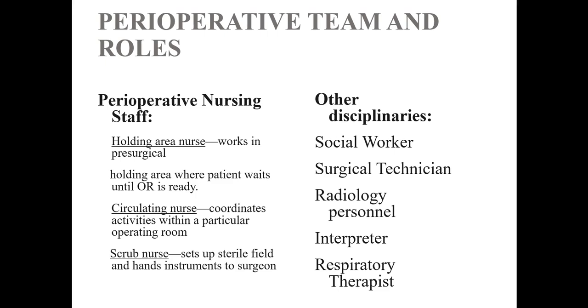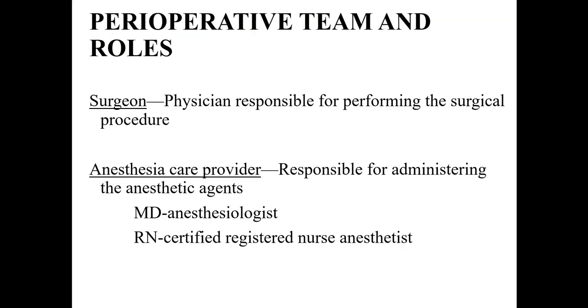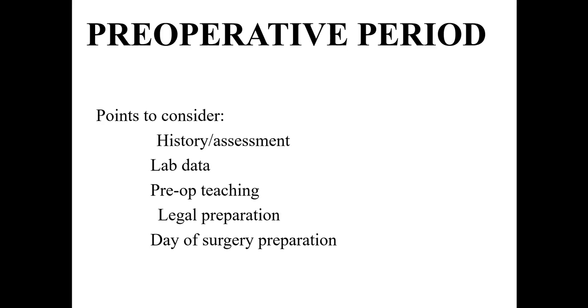The circulating nurse also manages the operating room and protects the safety and any health needs of the patient, monitors the activities of the members of that surgical team, and they check the conditions of the operating room. Okay. Talking about the surgeon, anesthesia, the scrub nurse, and other important members of the surgical team.